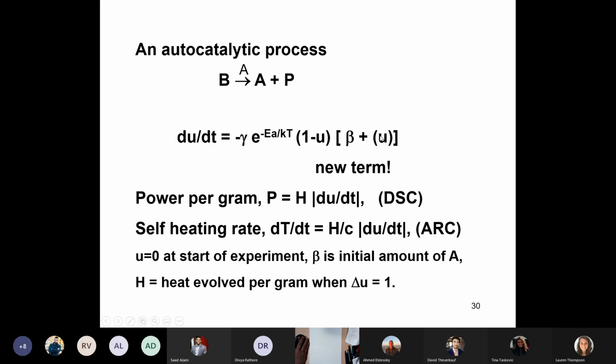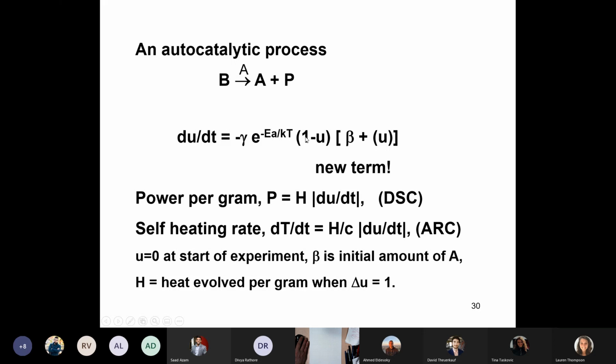So obviously, if this term was simply proportional to U, at the beginning U is 0. There have been no reactants converted into products. So you have to start with some initial value, which can be very, very tiny. It might be 10 to the minus 3 or something. U varies between 0 and 1.